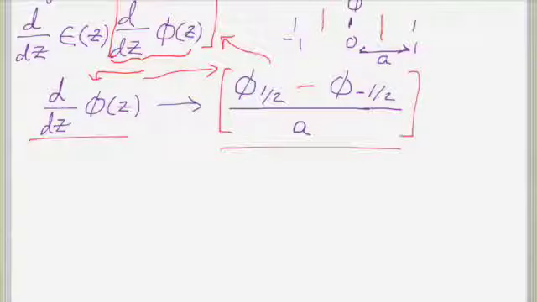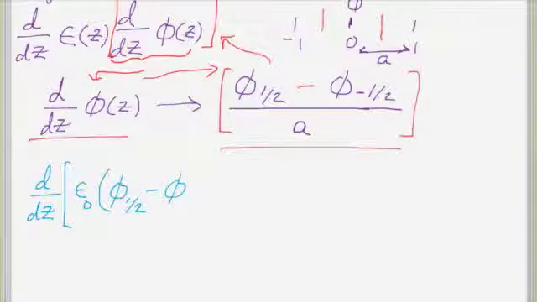And I have d/dz acting on epsilon at node 0 times phi at 1/2 minus phi at -1/2 all over a. So again, I have to apply my derivative to that and then use this algorithm on how I go from this differential form to this discrete form.